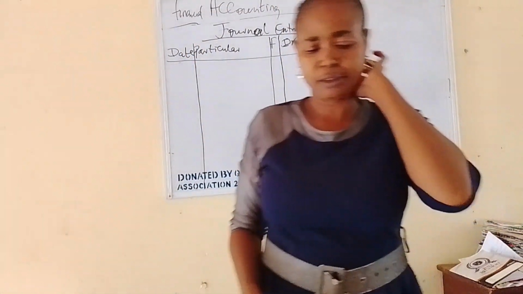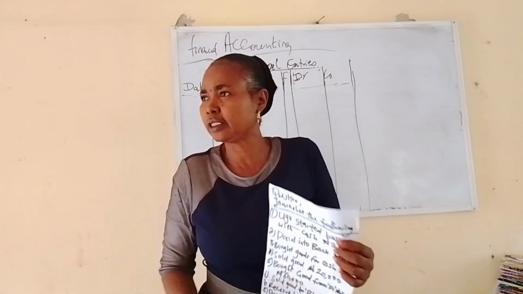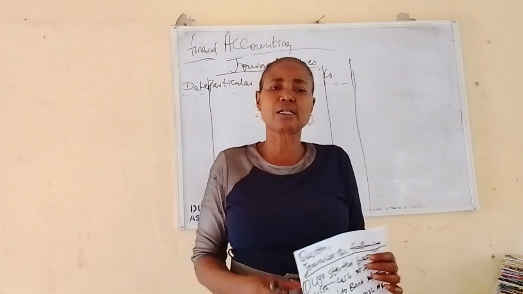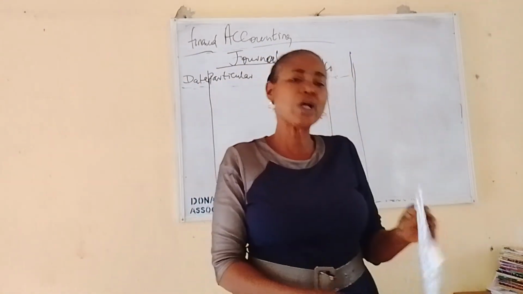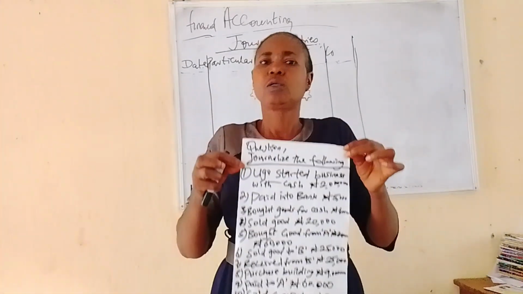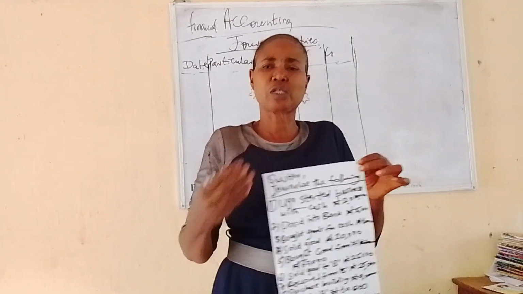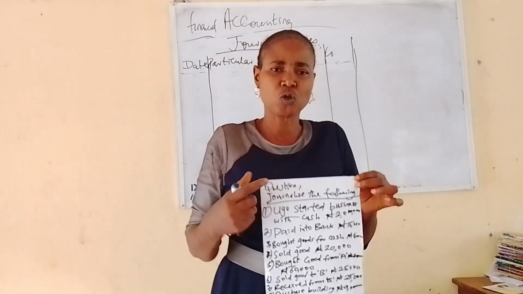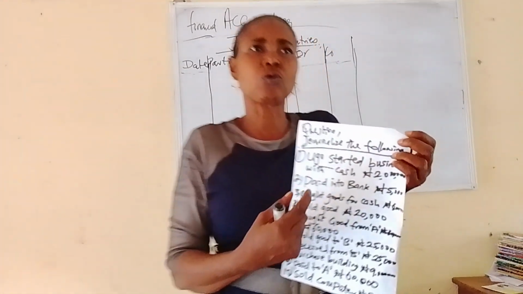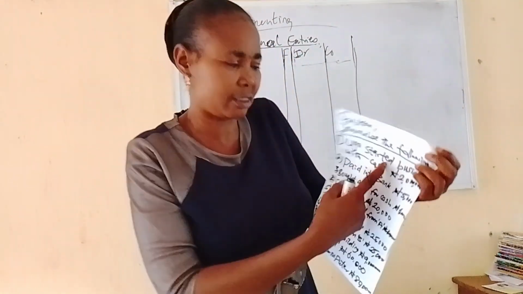Okay, let us start posting. Before you start posting in a journal, the first thing you have to do is read the question, look into it well and analyze it.